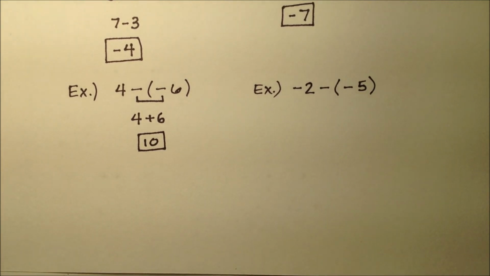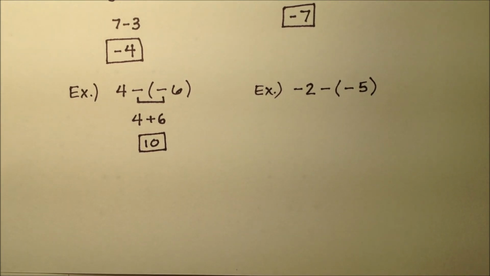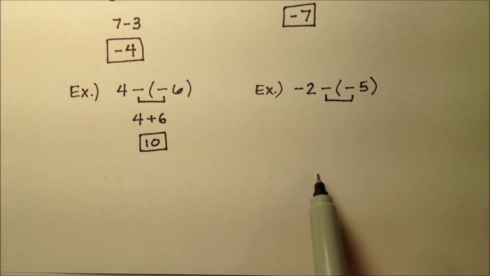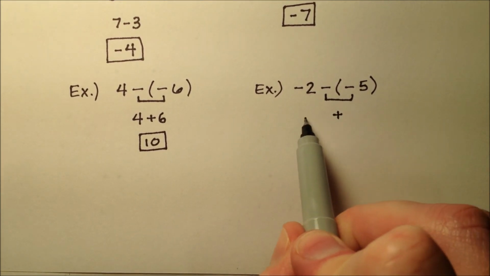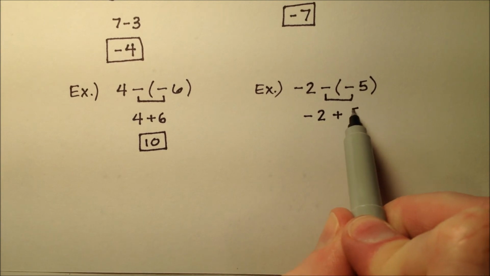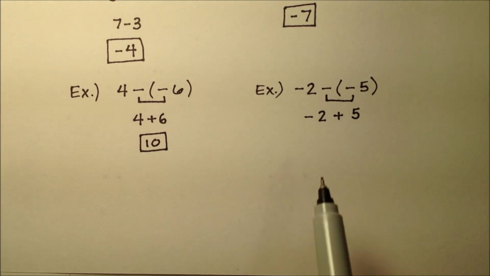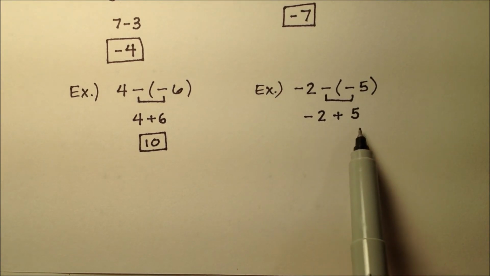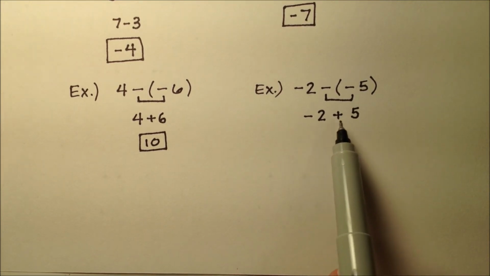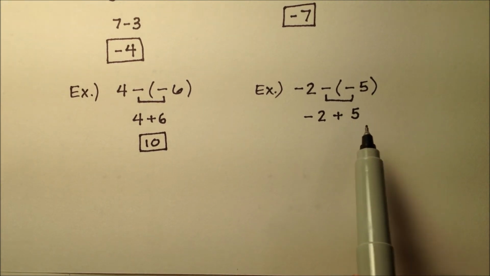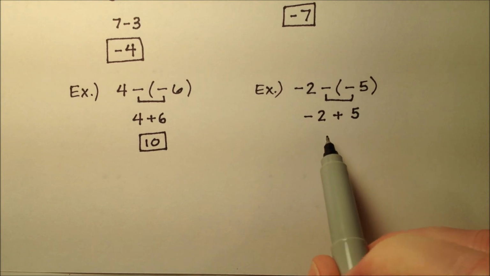The next example is a negative 2 minus a negative 5. Similar to the problem we just did, these two negatives are going to become a positive, and I'm going to rewrite this problem as negative 2 plus 5. Now I just have an addition problem where I have a negative 2 and a positive 5. Since they have opposite signs, one is negative, one is positive, I'm going to subtract their absolute values.